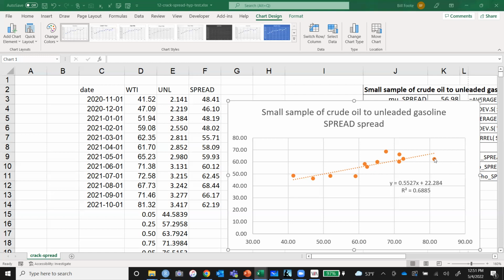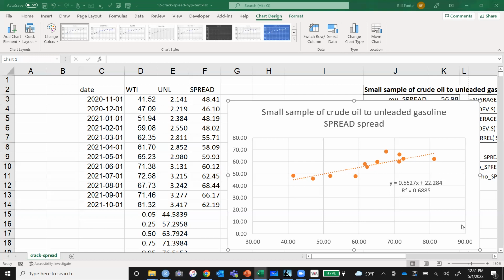All of these things would contribute to spread, would have to contribute to spread. Storage, lack of storage, the risk of not having enough crude to go through the plant and satisfy demand. That's a risk. So we have all of those things going on inside of the spread.